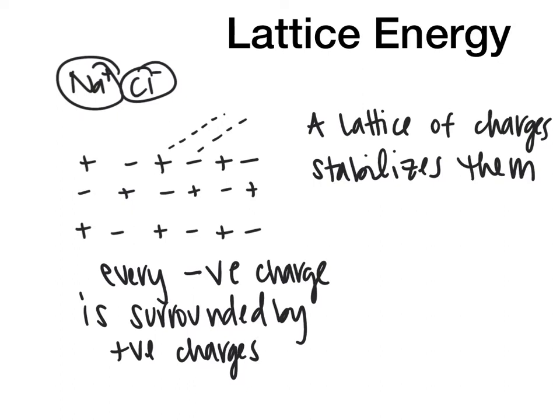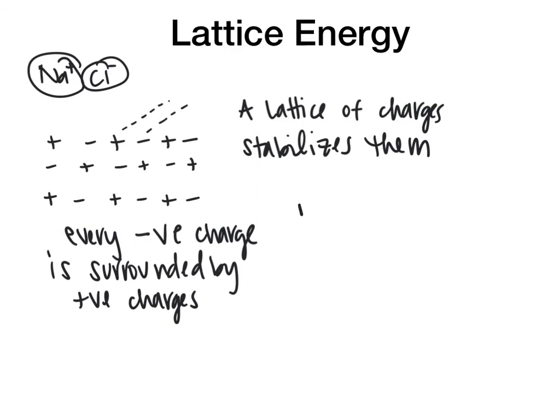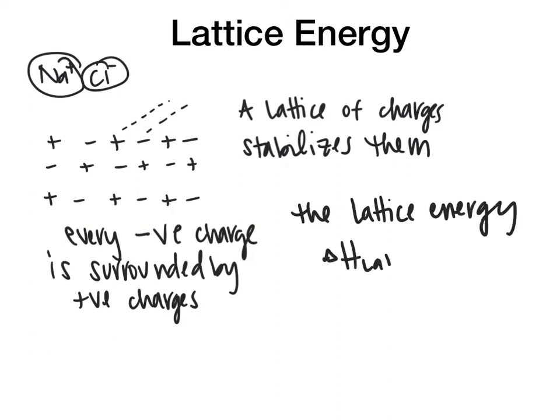So they're stabilizing one another. Every negative charge is surrounded by positive charges, and every positive charge is surrounded by negative charges. In this case, the lattice energy, which will be delta H lattice, for sodium chloride is positive 788 kilojoules per mole. So this is very stable.